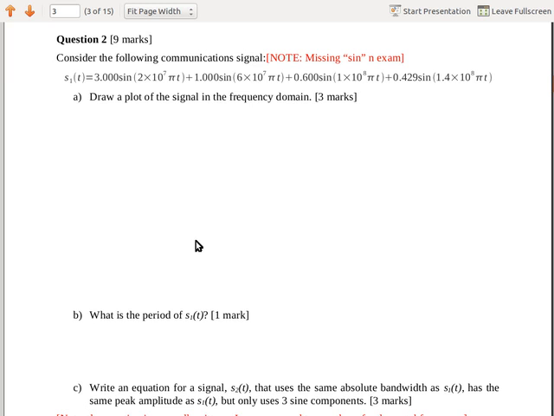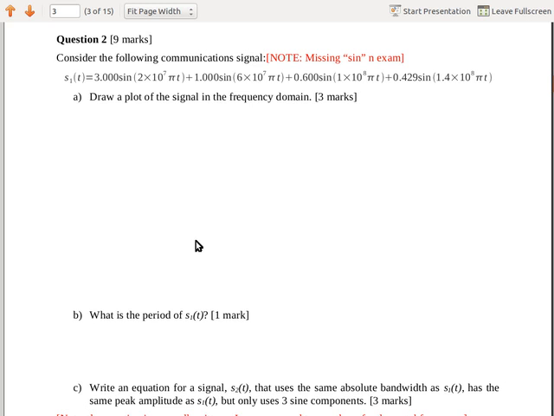If we have that pattern, then we can say the frequency of the overall signal is 10 megahertz. We can only calculate it in that way if they're all integer multiples of one of them. If they're not, then it's not so easy to calculate.